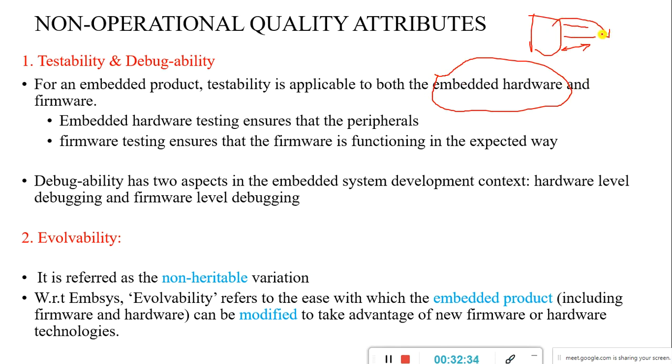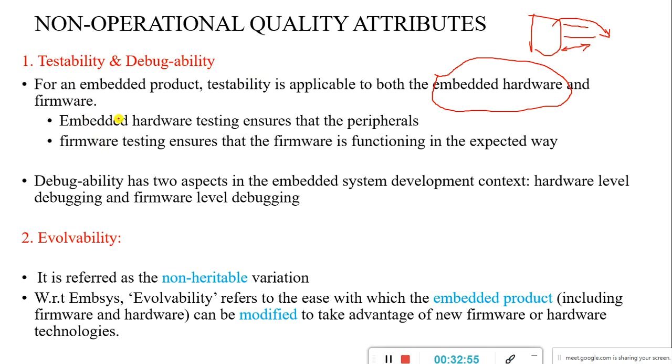Because once it is delivered to the market, if I start receiving complaints on my hardware or software algorithm, then it is a black mark for the embedded engineers. Hence, the first important non-operational quality attribute is testing the devices.